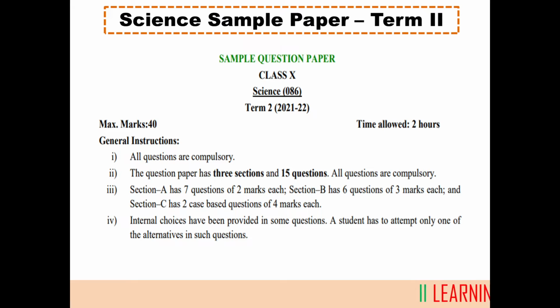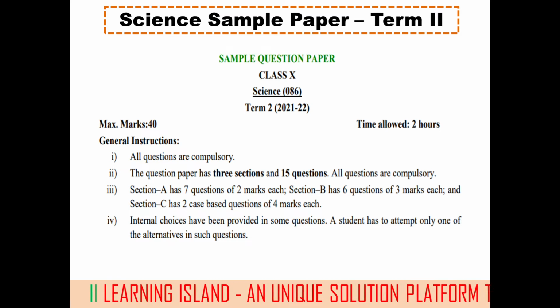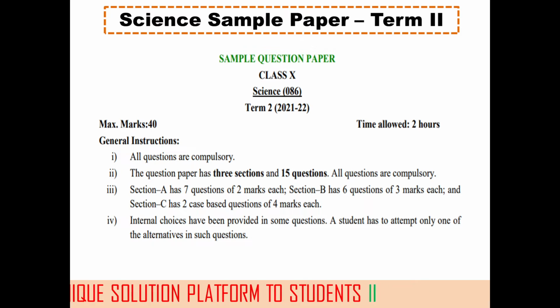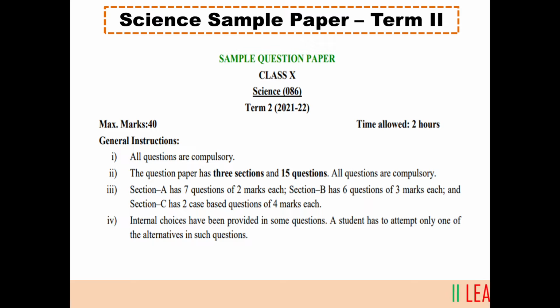So these are the conditions which will be there in your term 2 examination paper. The general instructions are: all the questions are compulsory. The question paper has 3 sections and 15 questions in total.